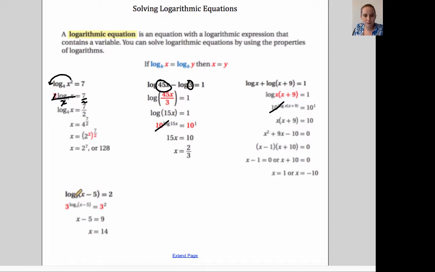Because the base is 3, if I raise everything here to the exponent and use a base of 3, I will be able to cancel because they share the same base. Of course, whatever you do to one side, if I raised everything up into the exponent, I have to do that over here too. So 3 squared is 9. So I have x minus 5 equals 9. Move the 5 over, x equals 14. So let's try a couple problems.